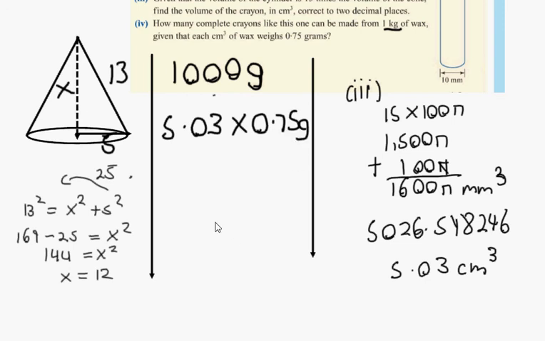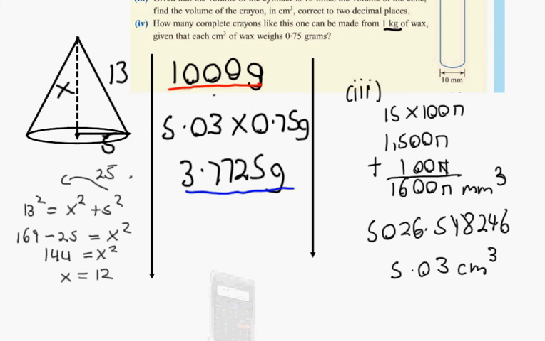3.7725 grams. Okay? What we got to do next is divide 1,000, our total weight of wax we have, divided by the total weight of 1 crayon, which is the underlined in blue. So what we're just going to do is 1,000 divided by 3.7725.